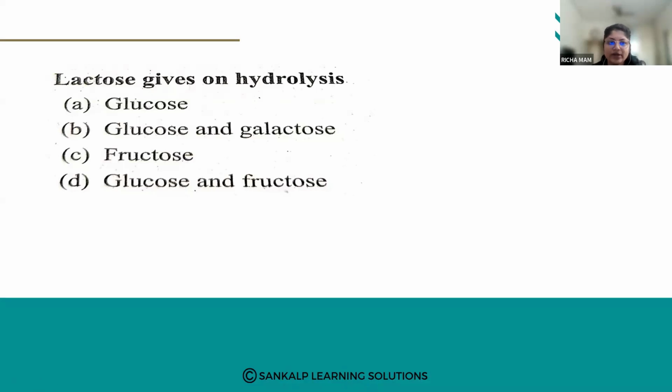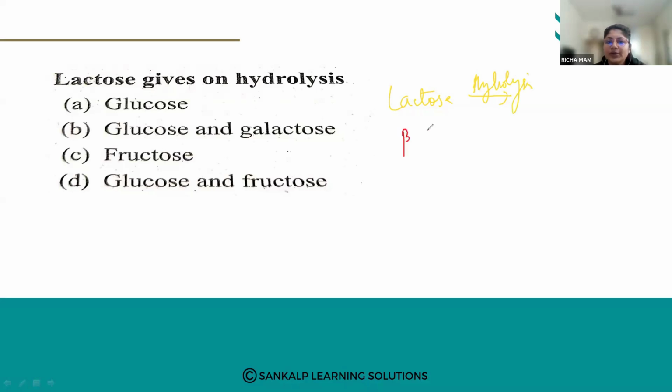Lactose gives on hydrolysis: glucose and galactose, C fructose, and D glucose and fructose. So when lactose undergoes hydrolysis, what does it give?